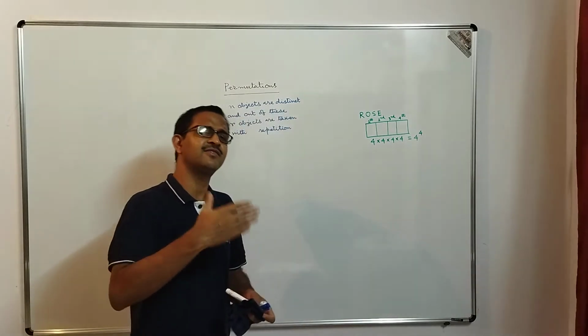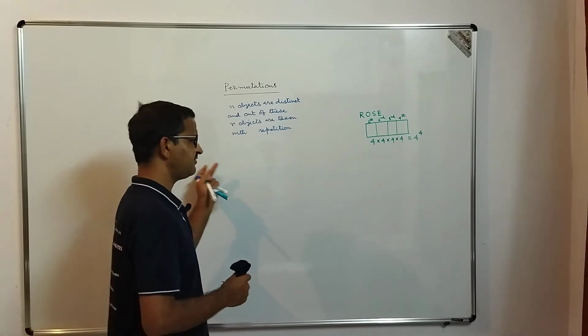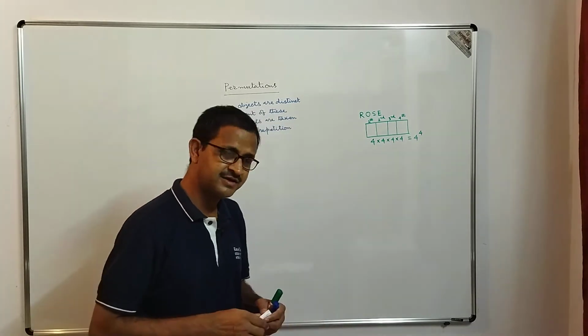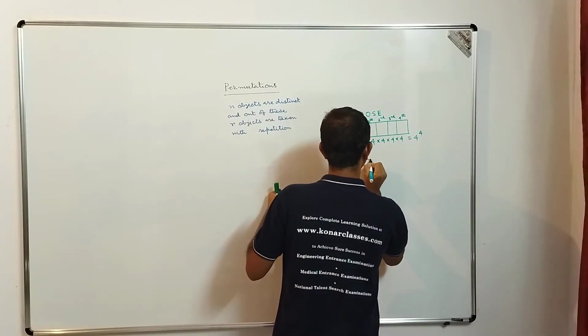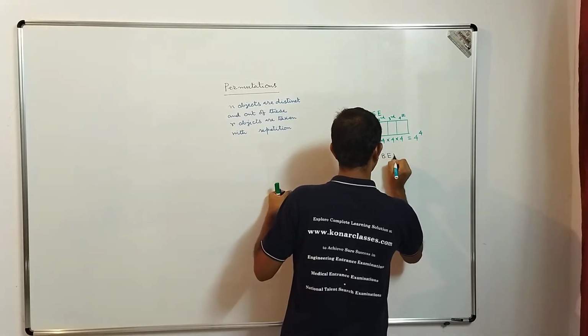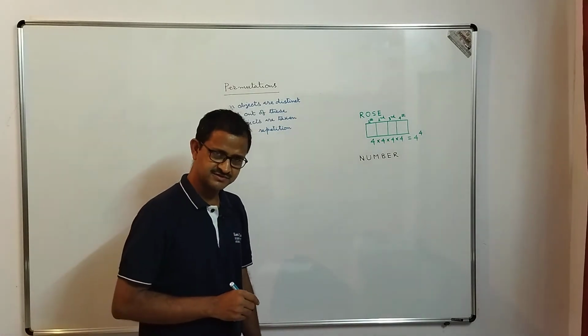Now let's take another example. When we take that example and then go for the derivation, it becomes easier. So the second one, suppose we take a word called number, N-U-M-B-E-R. Here also all the letters of the word are distinct, correct?